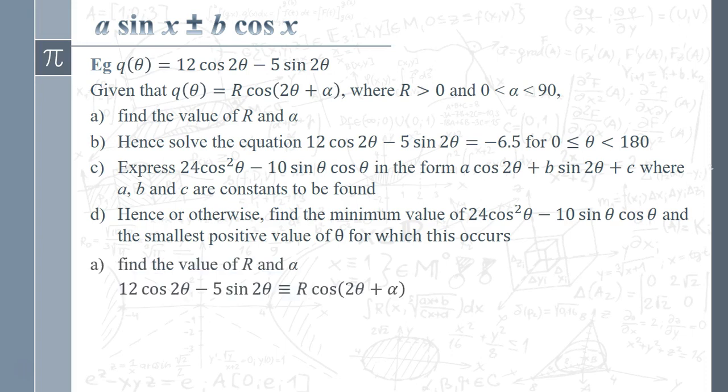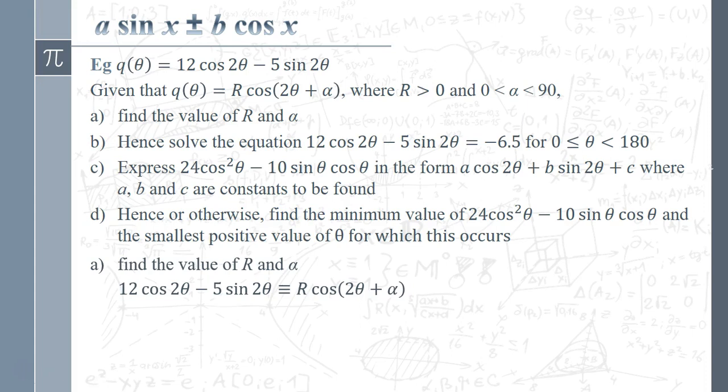Again, our standard setup is we equate our original expression to the expression that's been suggested, which is r cos(2 theta plus alpha). Notice in this one I'm using an angle of 2 theta, so this one here is 2 theta also. Then we need to replace this with the addition formula for cos.